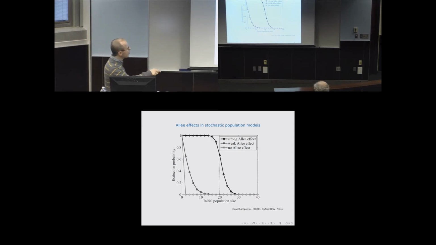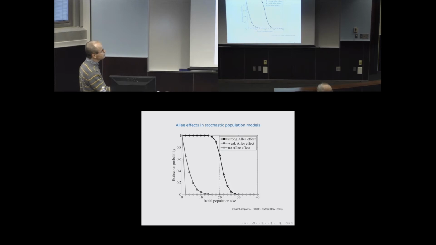Instead, there is a whole range of population densities where you can, with some probability, get extinction, and with some probability you get persistence. So it depends partially on luck where you end up, whether with extinction or with persistence.